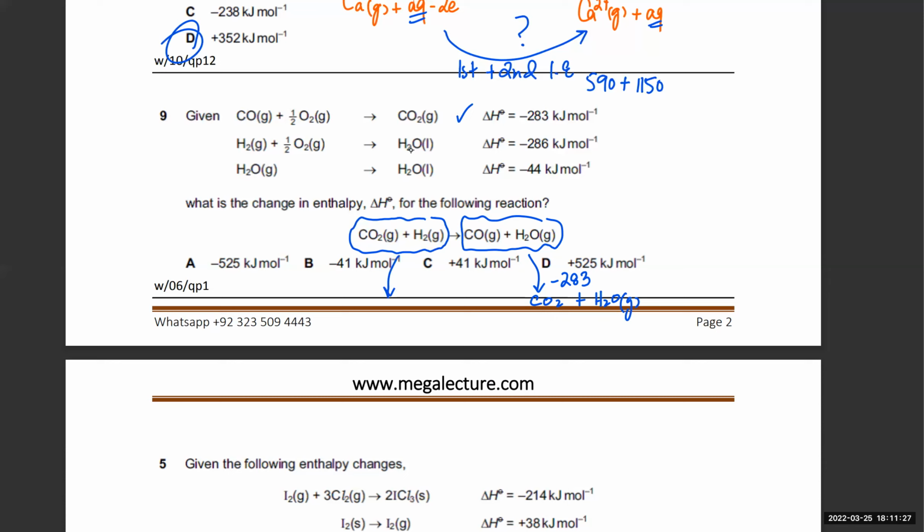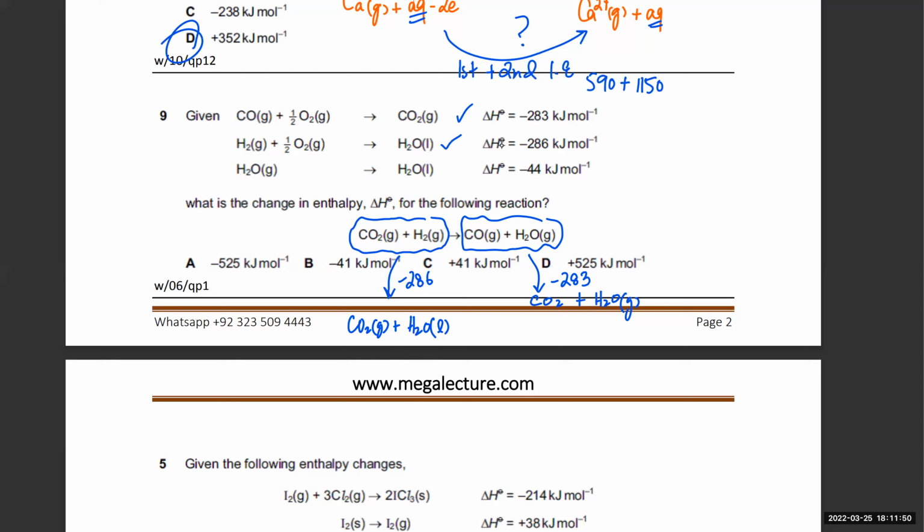So let's do that. So CO2 remains as it is. H2 turns into H2O liquid. And the enthalpy change for that is minus 286. So this thing over here is minus 286. Right? Is that clear? So I've connected the. Yes, sir.